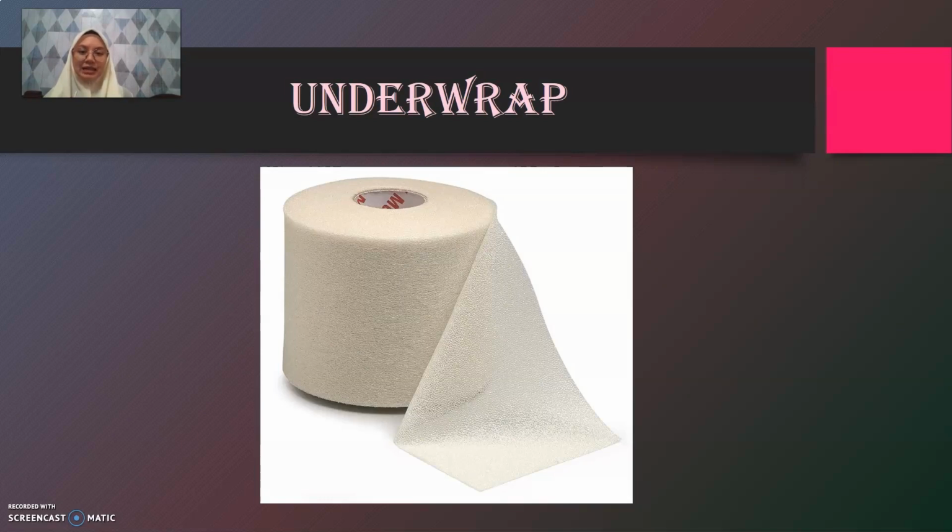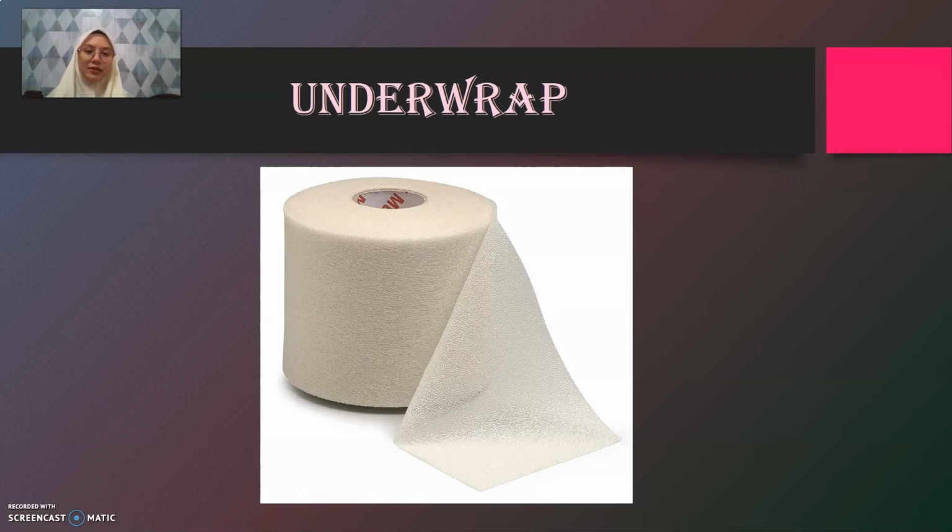Third is underwrap. It is used primarily to protect sensitive skin from the adhesive glue commonly used on sport tape. Underwrap is a lightweight foam wrap designed to protect the skin from tape during taping techniques that use sport tape.